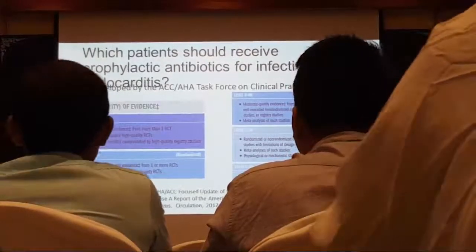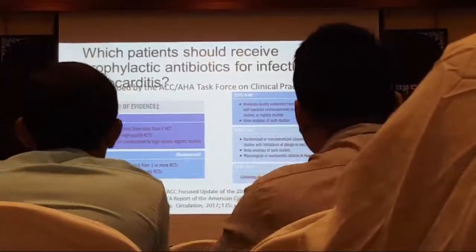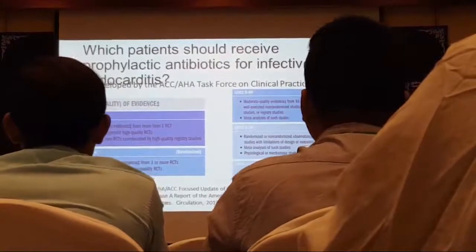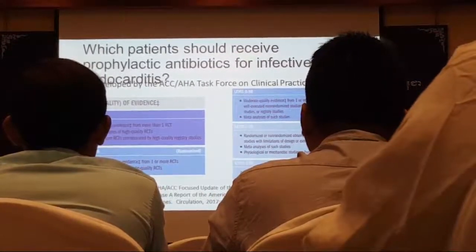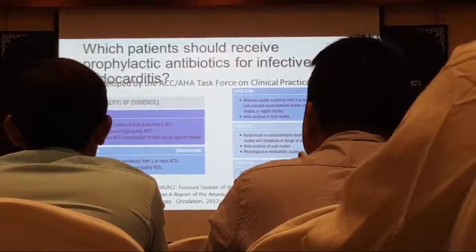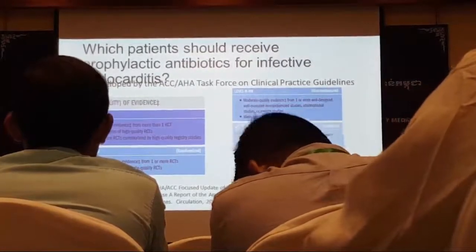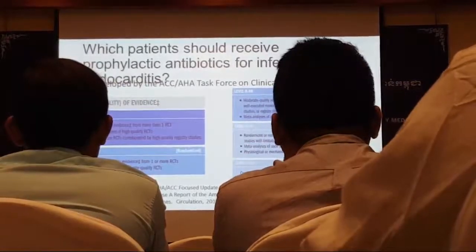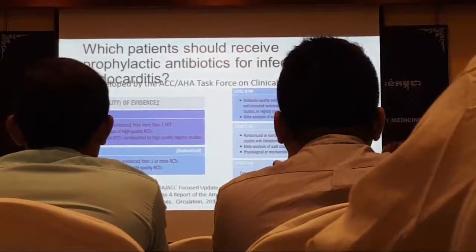So level of evidence A, high quality. B-R is randomized. Level B-NR, non-randomized, meaning not good randomized controlled trials. And then we have C, limited data. And then I always worry about level C, where it is just expert opinion.